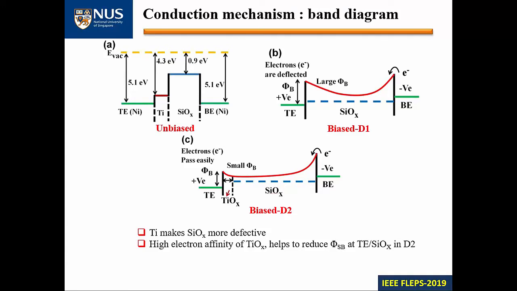Also, due to the presence of the Ti interfacial layer, which has a similar electron affinity to the top metal electrode, you can expect a lower Schottky barrier to form at the top interface than in D1. So the injected electrons will be much higher in D2 than in D1, and the reset current observed in D2 is much higher than in D1. So that's why the bipolar resistive switching can be obtained.